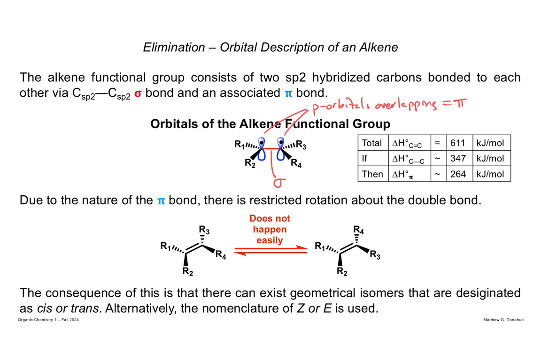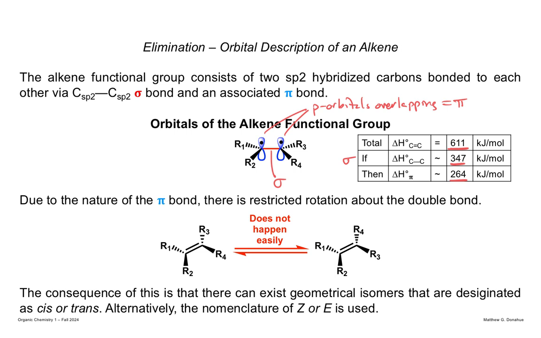To fully cleave the double bond, to break the sigma and the pi bond, requires 611 kilojoules of energy per mole. A typical carbon-carbon sigma bond is worth 347, and so the difference between those two is 264. That's the energy to just break the pi bond.